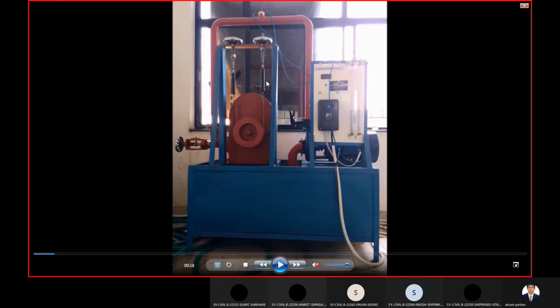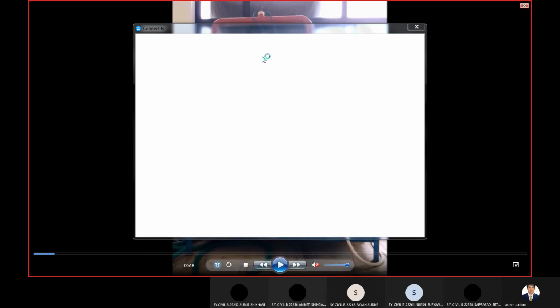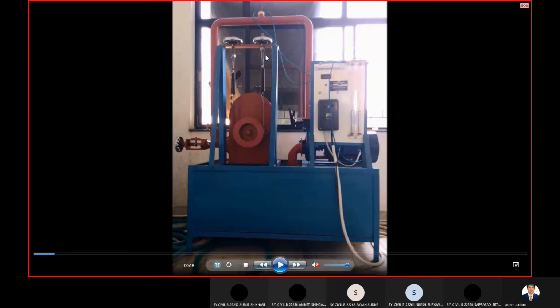Here we have a weighing balance. With the help of the weighing balance we can read the load for the tension side as well as for the slack side. Such kind of assembly we have.